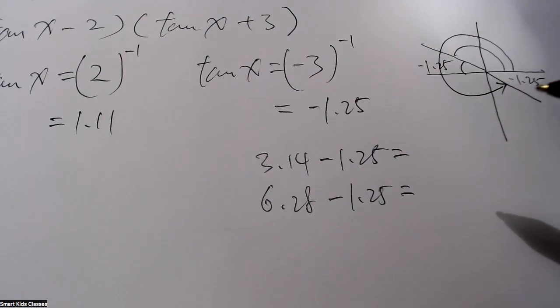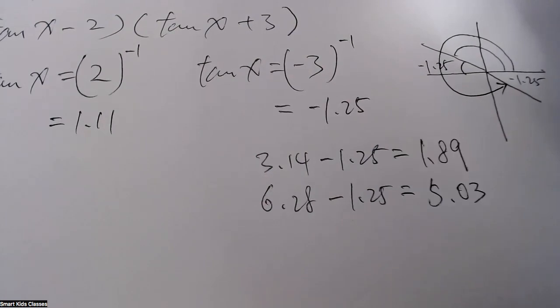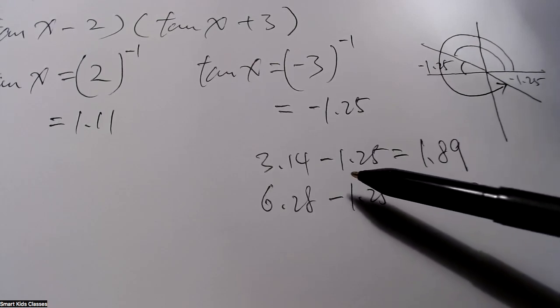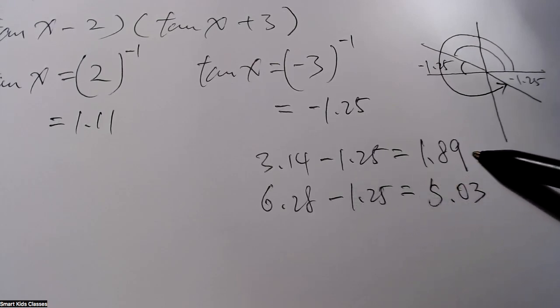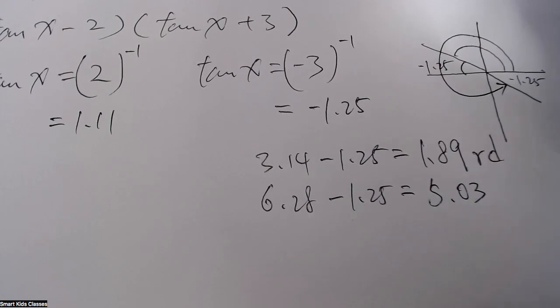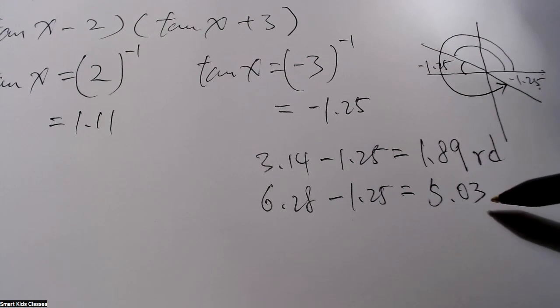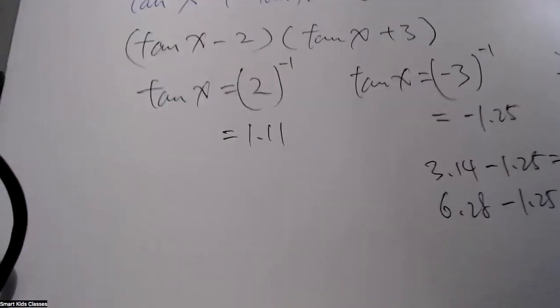So what are we going to get? I'm going to use a calculator. Now for the pi minus 1.25, we get one angle, 1.89 radians. Then the second one, for 2 pi minus 1.25, the second angle, we get 5.03 radians.